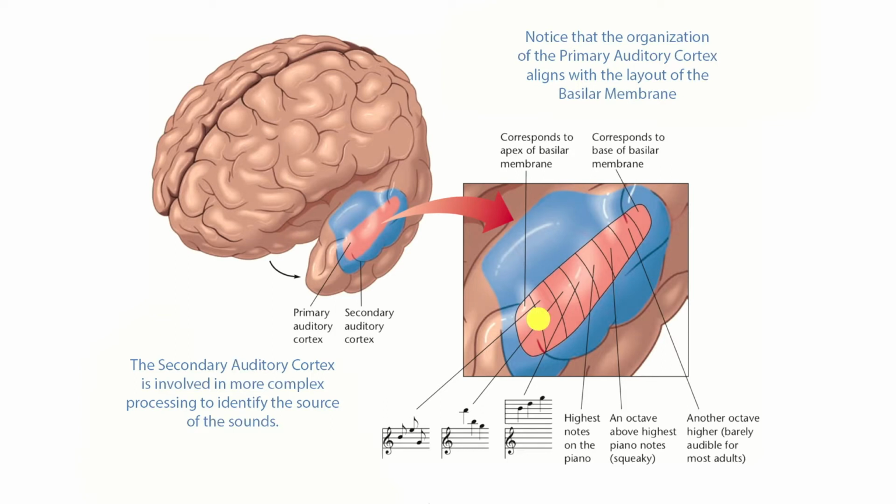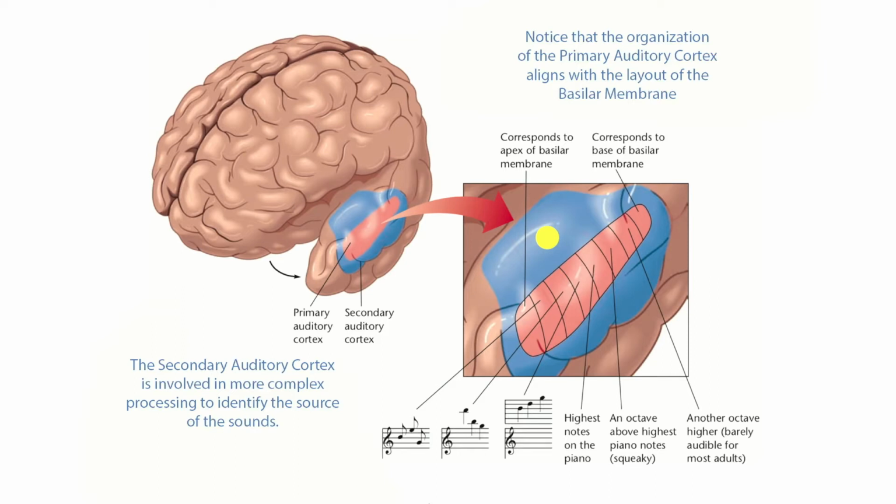So our signal appears in the primary auditory cortex, and depending on which note, which frequency it is, that can activate neurons all along this particular area, and then it's passed on to the secondary auditory cortex for processing and identifying the source of that information.